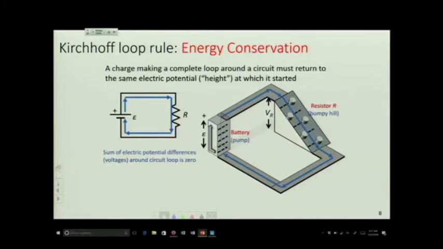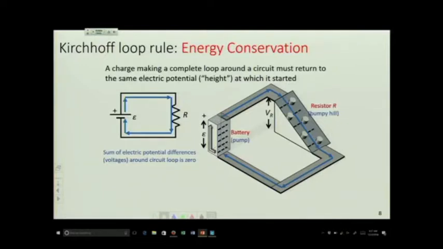Remember, I'm keeping track of potential energy, not the heat energy that's going away from the circuit. If I were doing it under gravity, I'd have some potential energy, I'd lose it, and when I return to the same point, I have the same potential energy again. So the total change in energy as I go around the loop is 0.